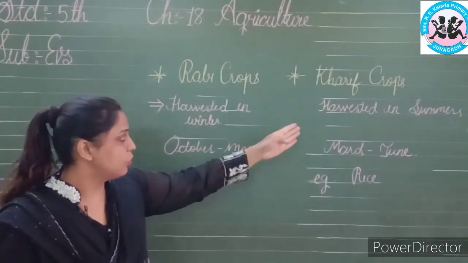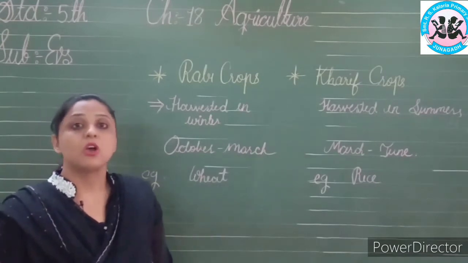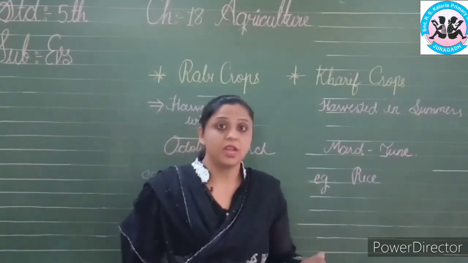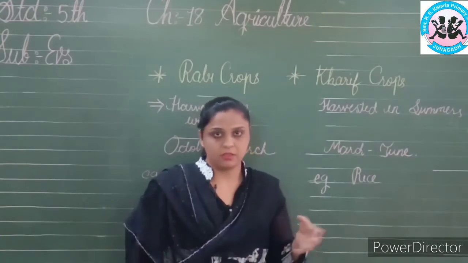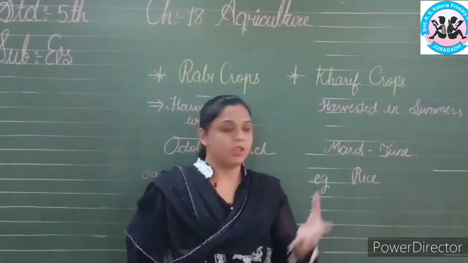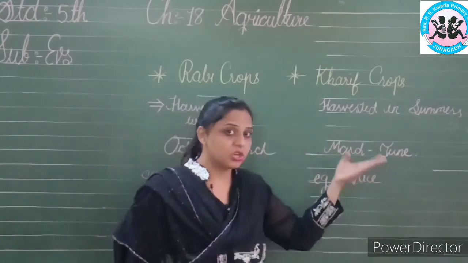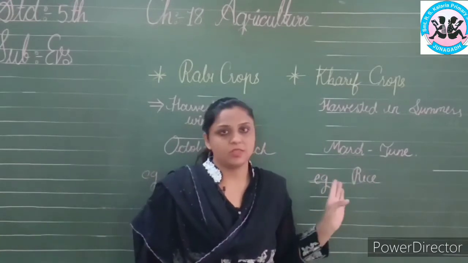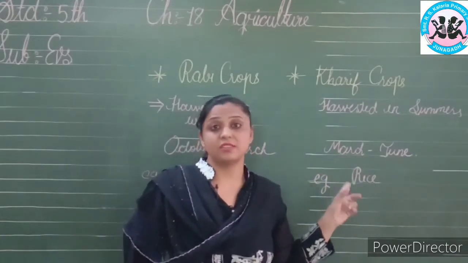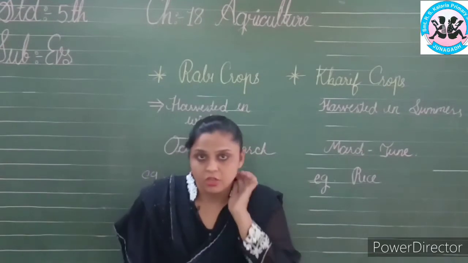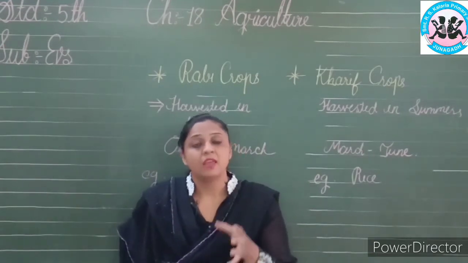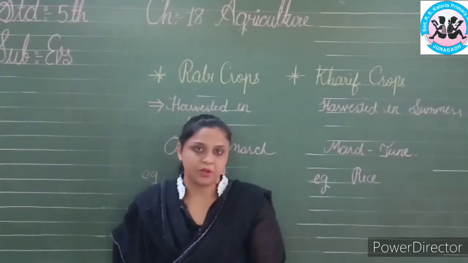Okay, now we will move to kharif crop. These crops are harvested in the season of summer, in the months of summer, March till June. You will notice the temperature of these months is quite higher. So March, April, May, these months have a higher temperature.